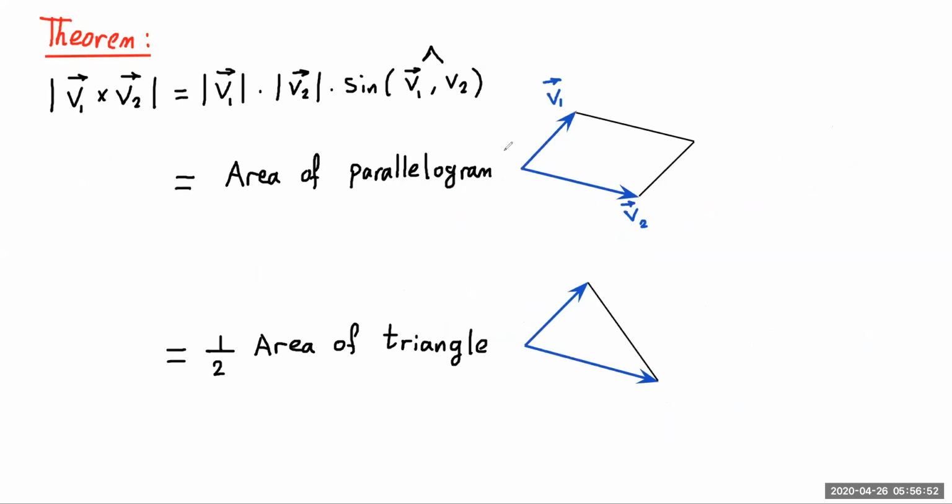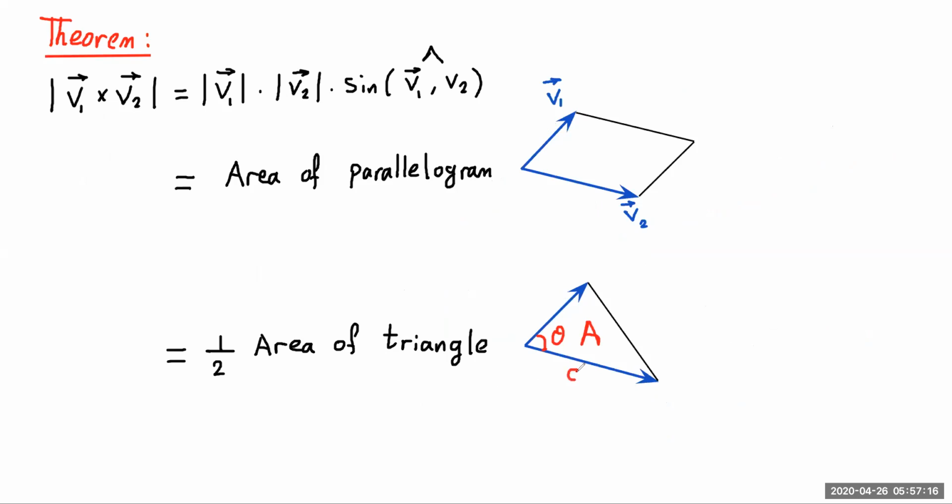Let's go back to our theorem. After that, we know that the area of this triangle is given by the product of these two lengths in blue times sine theta times a half.